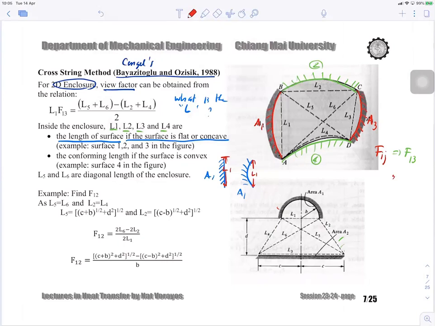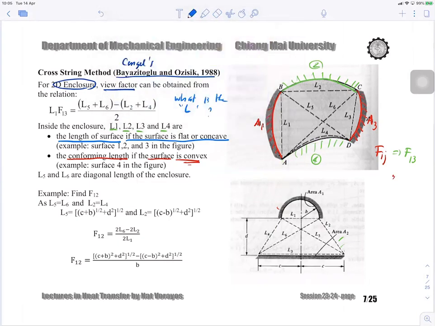Okay, but if it is a convex surface, what happens? If it is a convex surface like that, this is A1, well, it is the conforming length, L1, okay? So it's going to be the conforming length if the surface is convex. So in this case, we can find L1 to L4.